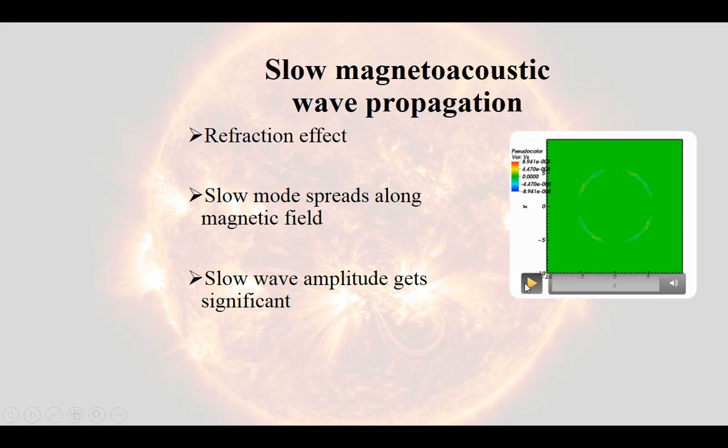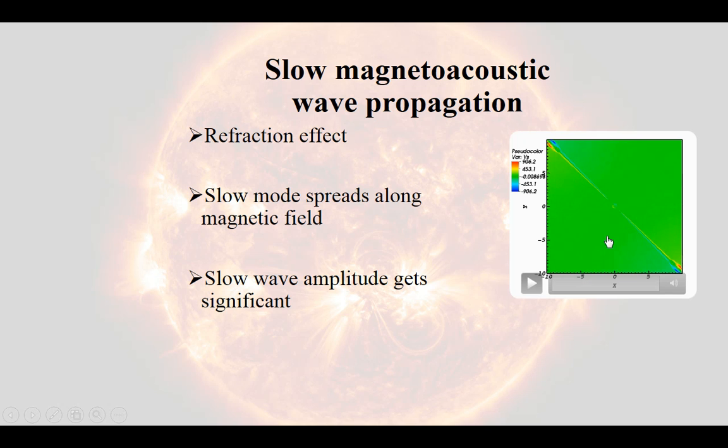Here we have the slow magnetoacoustic wave behavior. At first, we have a very weak slow wave because we introduced an initial fast wave, and then the slow wave moves toward the null point and refracts around it, and because of the non-zero sound speed, waves go through the null point and spread around the magnetic field lines.